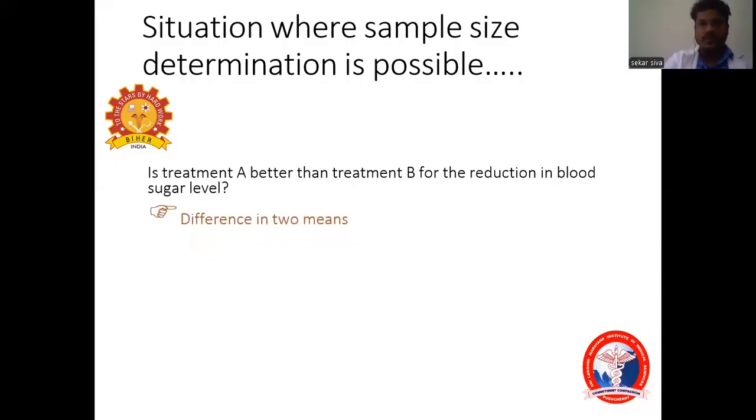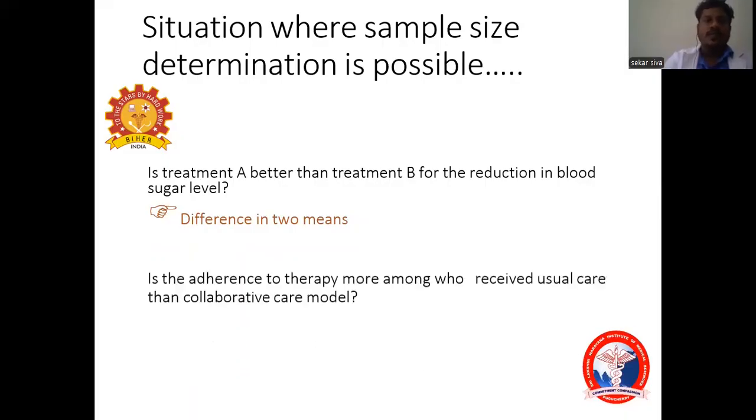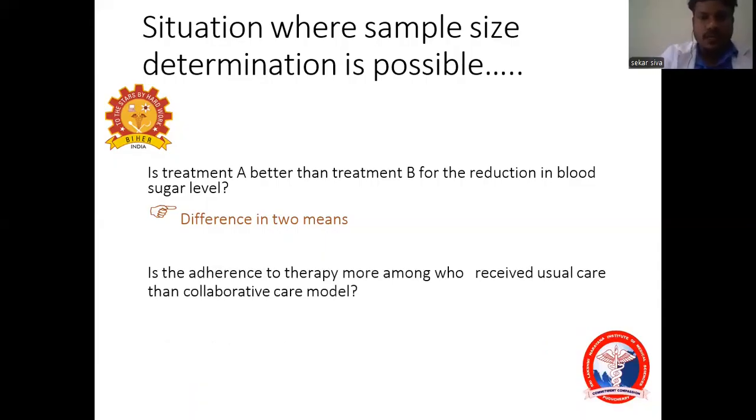If you are going to compare two quantitative variables, it is a difference of two means. And is the adherence to therapy higher among those who received usual care versus the collaborative care model? It could be differences of two proportions.